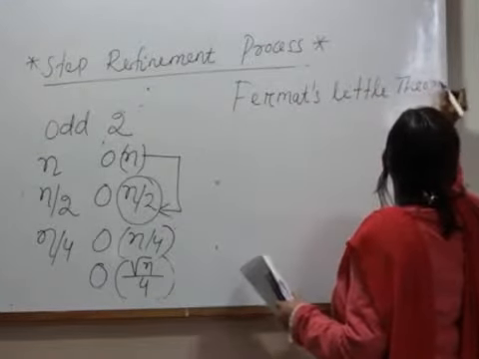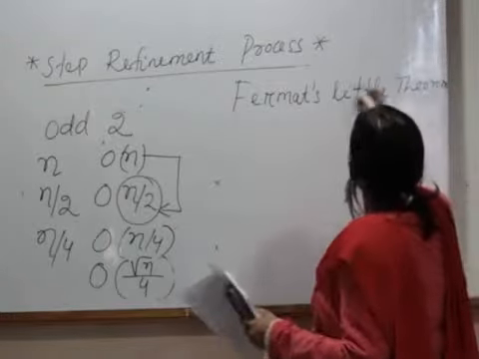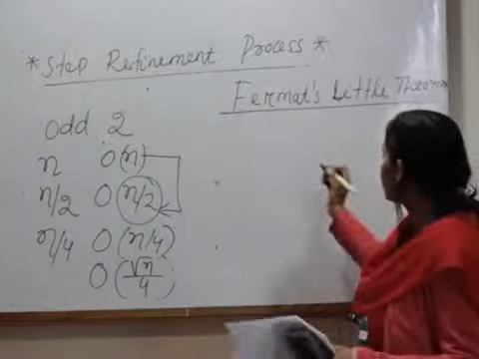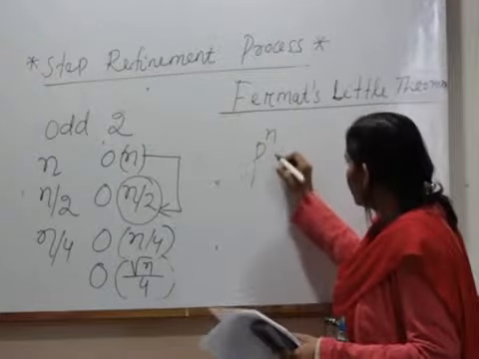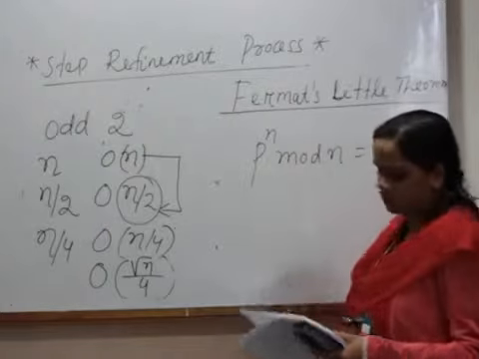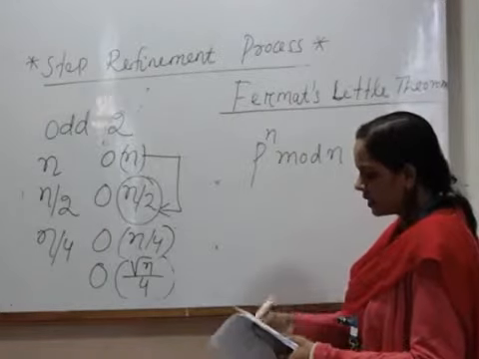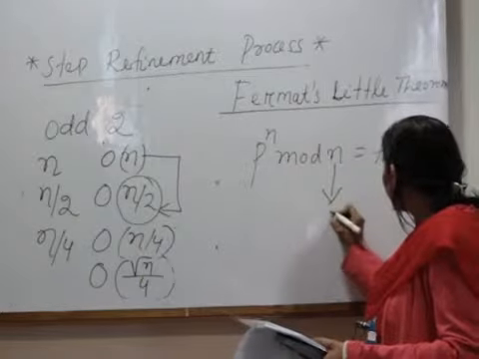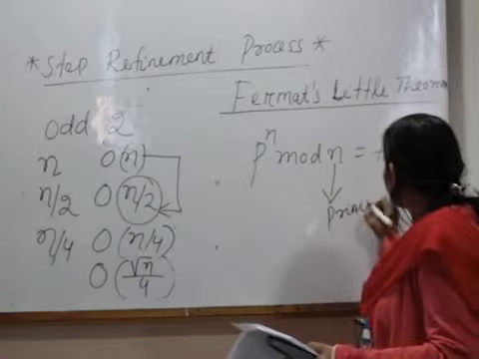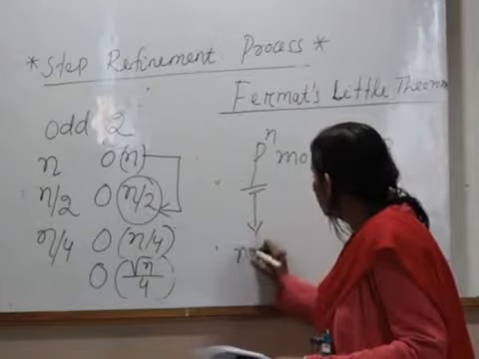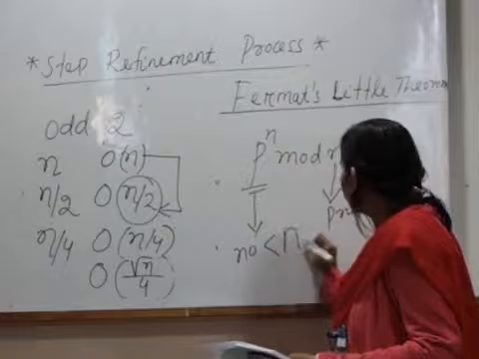What does this theorem say? This theorem says that p to the power n mod n is equal to p, where n is the input you check for being a prime number, and p is any number which is less than n.